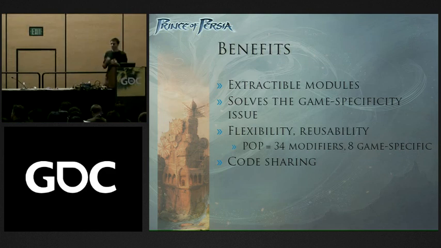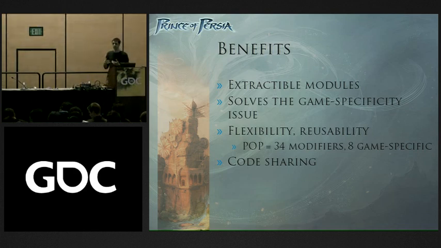You can very easily do your own game-specific stuff in one small modifier. For example, the example I had where the prince turns on the spot. In that case, we've done a very simple modifier asking, is the player turning on the spot? If so, don't go back behind the target. And that's it.